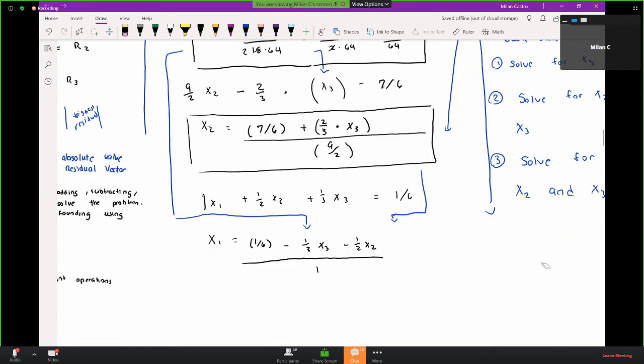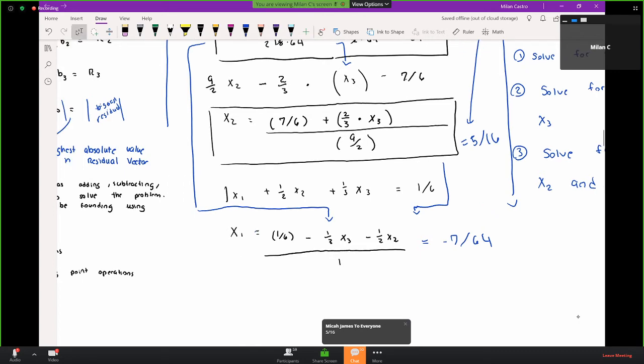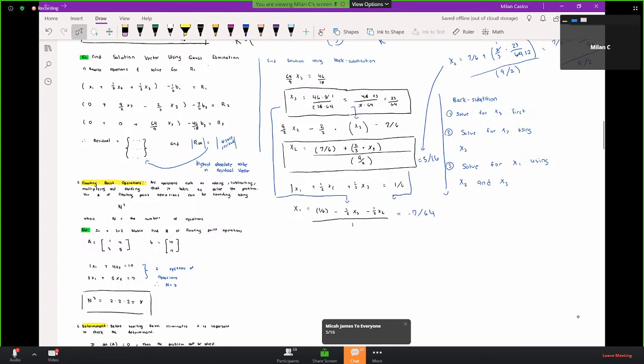So x1 should be -7/64. And what did you get for x2? 5/16. Awesome. So now that we have those values, we can plug them into the problems over here.